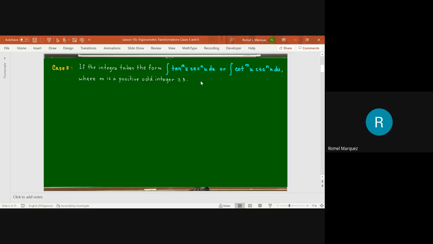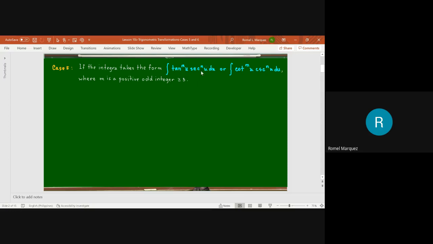Okay, guys? So, actually, as I said, case number 3 is a special case of cases 4 and 5, depending on the exponent of m, or n if you are considering case 3. Now, let's say m is odd and n is even, so meaning they both satisfy cases 4 and 5. So you can choose any of those cases.